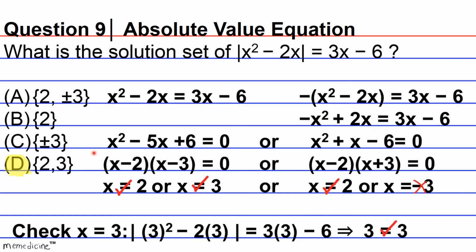Okay, and one more thing, this absolute value equation could have been solved really fast if you know how to leverage the graphing features on your graphing calculator. Basically, what we would normally do is use our calculator to graph the absolute value of x squared minus 2x equals 3x minus 6.